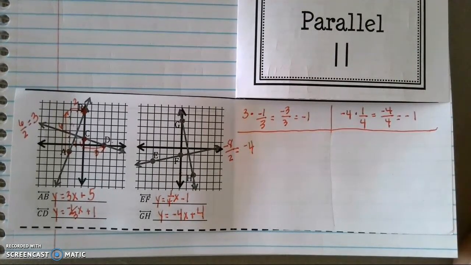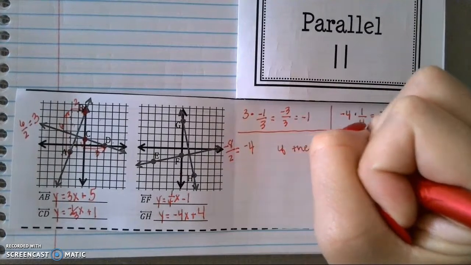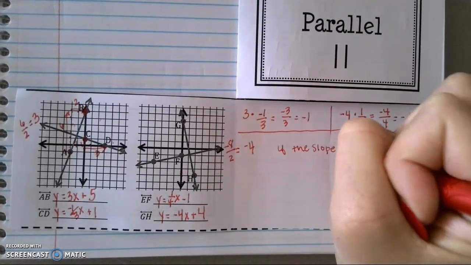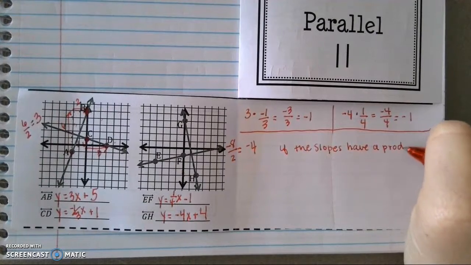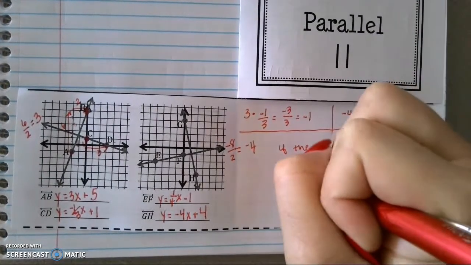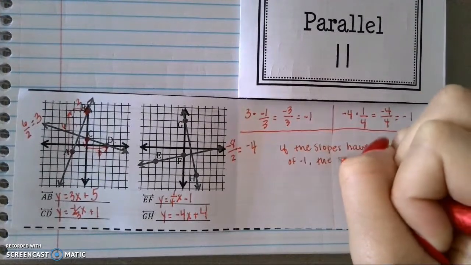Okay? And what these slopes are, again, those are called the negative reciprocals. Okay? They have a product of negative 1. So if the slopes have a product of negative 1, the lines are perpendicular.